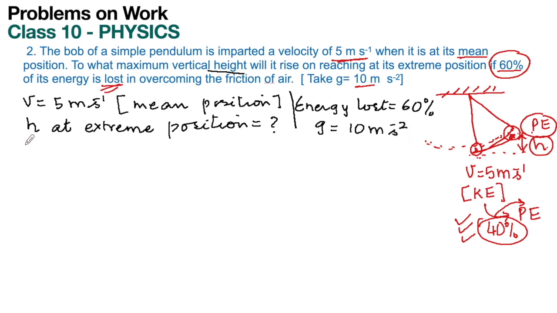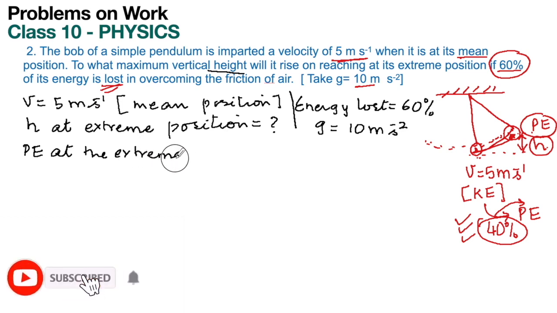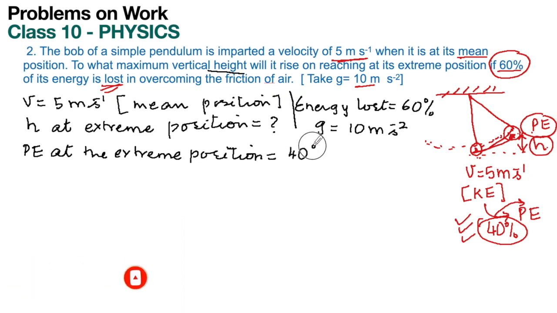So we are going to say that if energy lost is 60%, then the potential energy at the extreme position will be equal to 40% of kinetic energy at mean position.